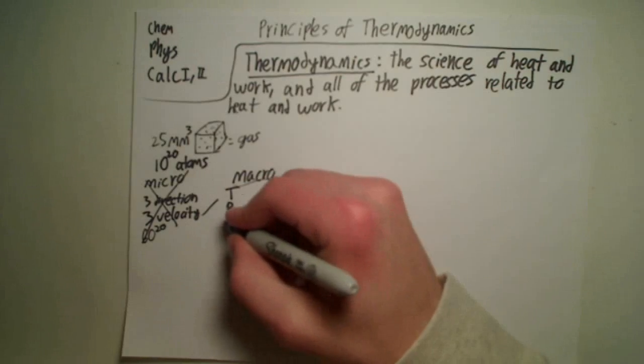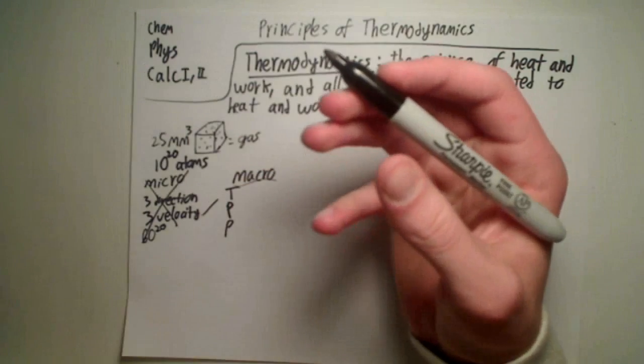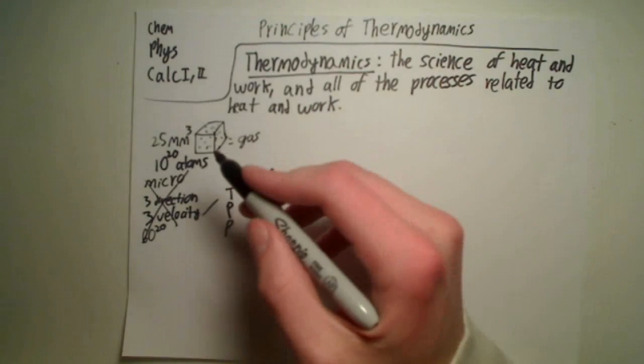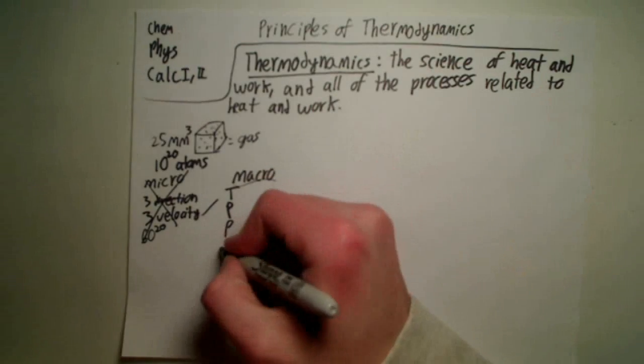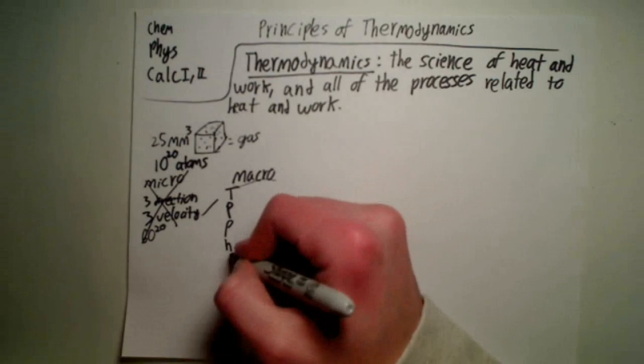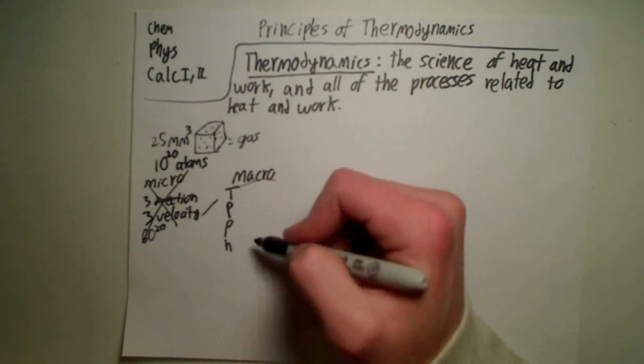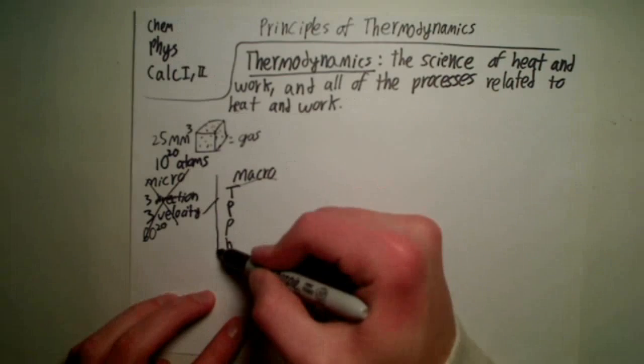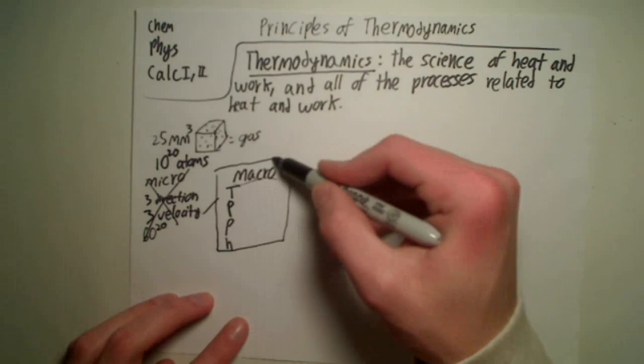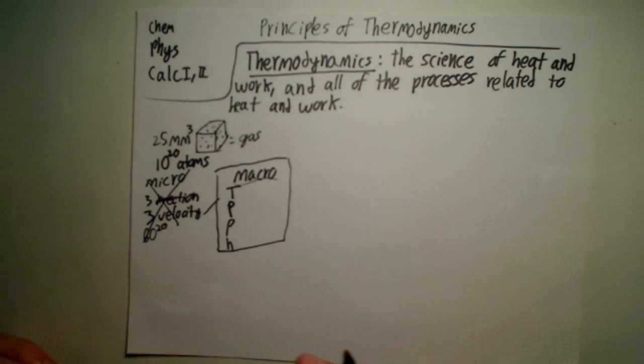And we can also define other things. Its density, its enthalpy, which you may not know what that is, and so on and so forth. We can define all of these different properties of this gas now that we don't see it as 10 to the 20th different atoms, but as a gas.